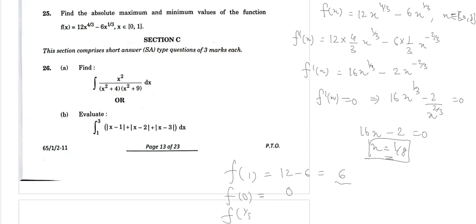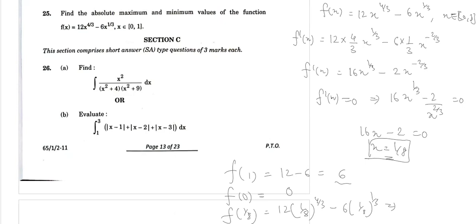And f of 1 by 8, you check. Okay. So 12 into 1 by 8 to the power 4 by 3 minus 6 into 1 by 8 to the power 1 by 3. Okay. So 8 to the power 1 by 3 will become 2, 2 to the power 4, 16.